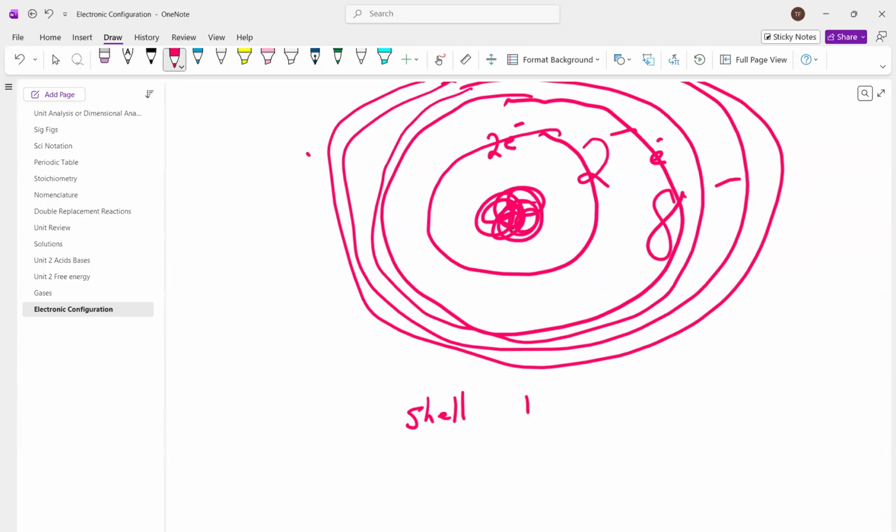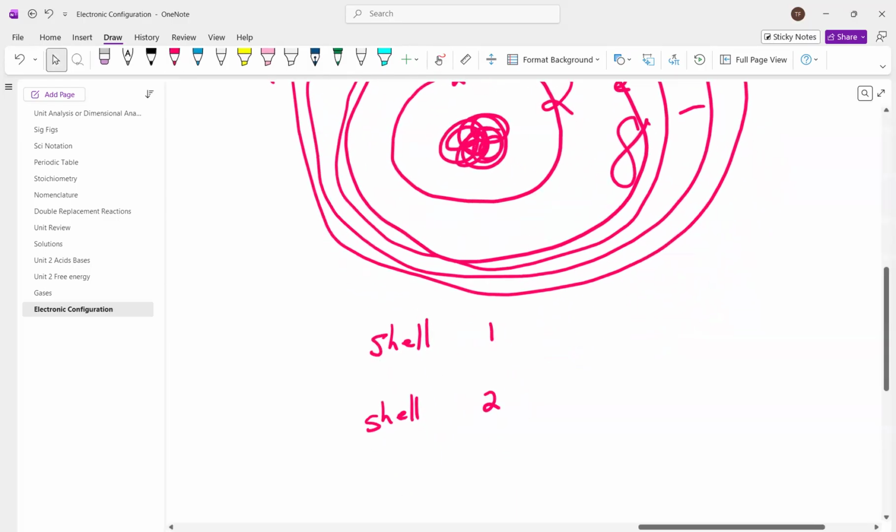The next one out is, guess what? Shell number 2. However, shell 2 is subdivided, so we have something called a subshell. How many subshells are in shell number 2, based on the circles I drew up here? 2.